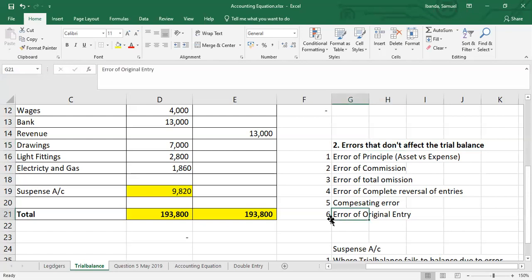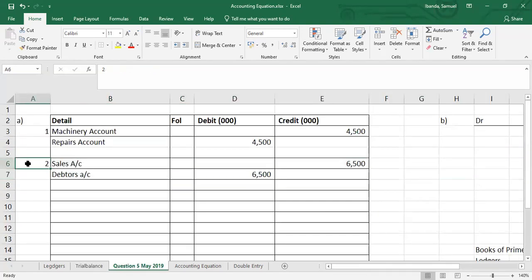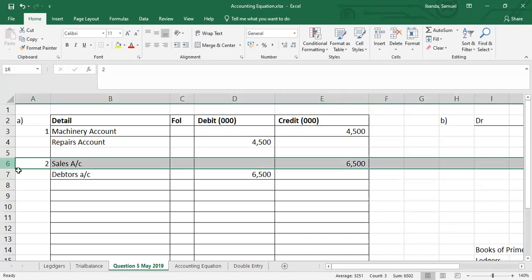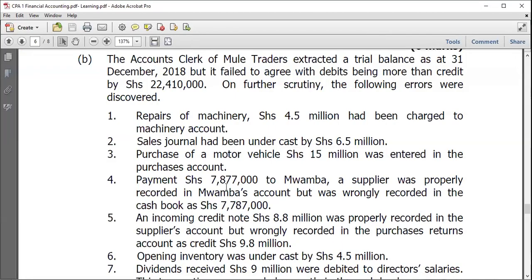You can see we said an error of original entry. It is at that book of original entry. So you must know the books of original entry. You get it? It's very important for you to have that in mind. So that is how we would correct this error. You get it? I will try out one more error so you can know.